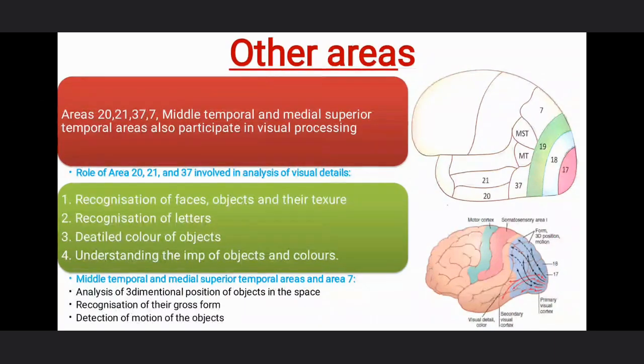And the roles of areas 20, 21 and 37 are concerned with analysis of visual details, like recognition of the face, objects and other textures, recognition of the letters, recognition of the detailed color of the objects, and understanding the importance of objects and their colors.